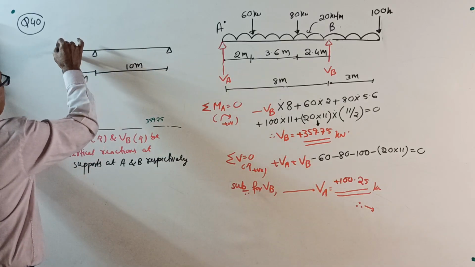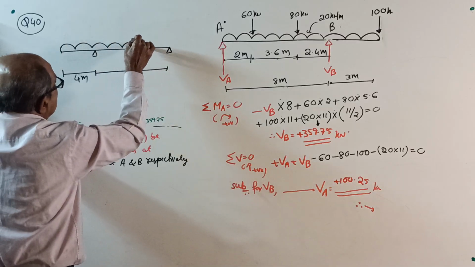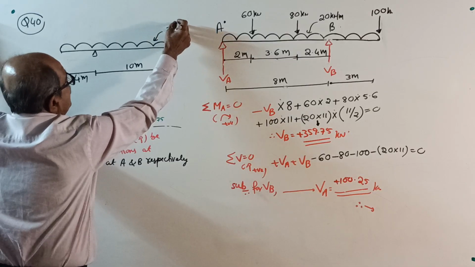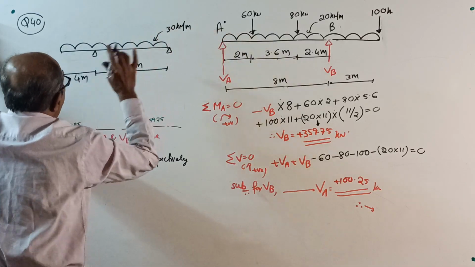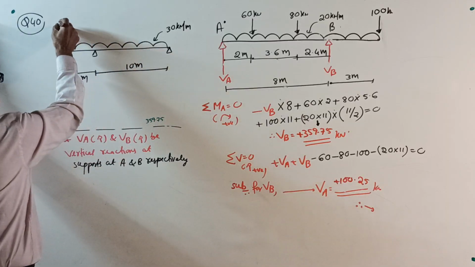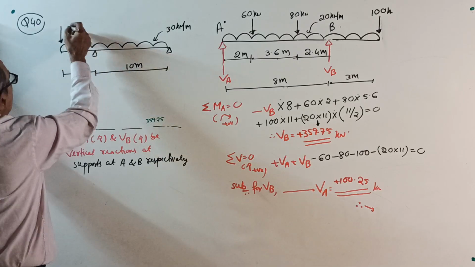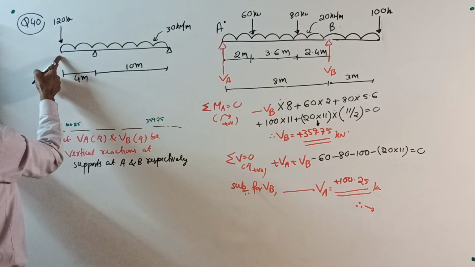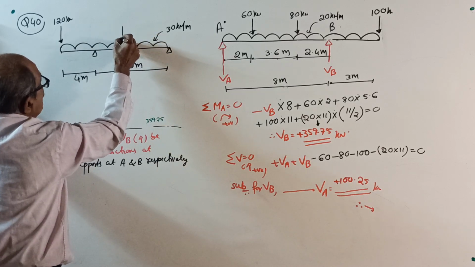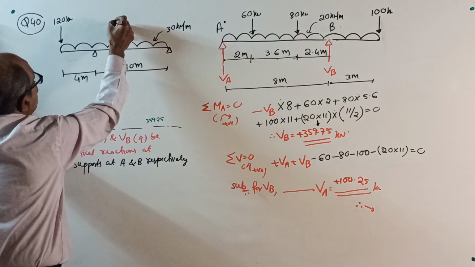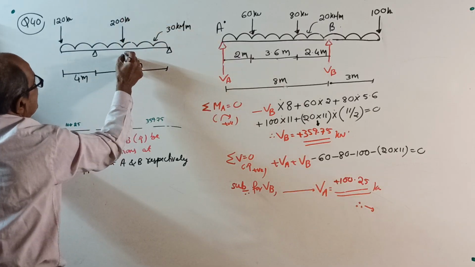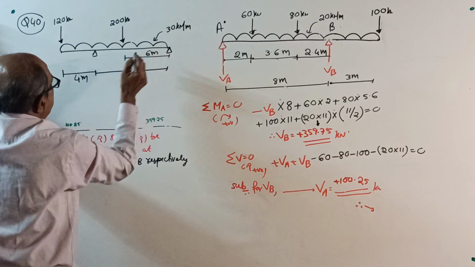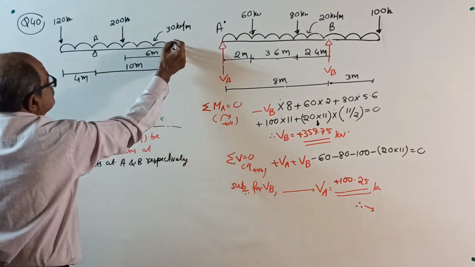It is loaded by a UDL for the entire length of intensity 30 kilonewton per meter, and along with that, 2 point loads: 120 kilonewton at the left extreme end of the beam, and another point load of 200 kilonewton at 6 meter from the right end. Find the reactions at the support.